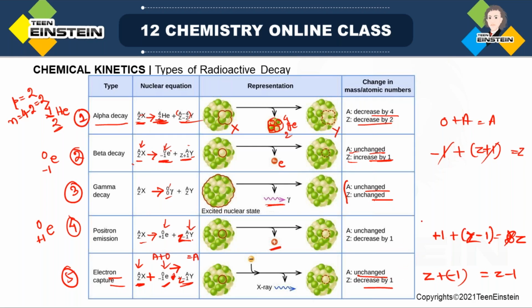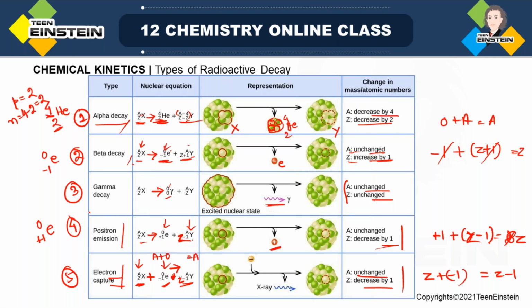So see, the effect of positron emission and electron capture, these two, that is final result is actually same. Okay, because here also A is unchanged, Z is decreased by 1. This is also A unchanged, Z is decreased by 1. Fine. So these are the different processes. The name of these processes may be mentioned in the question, so that is why you should know it.